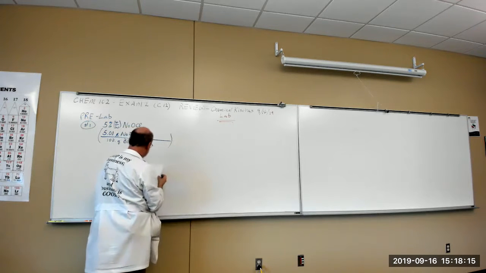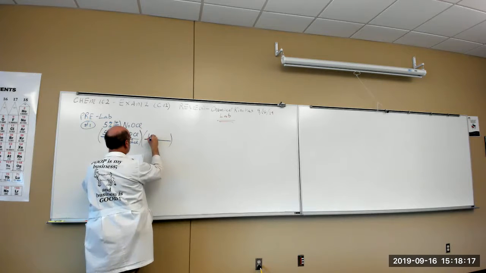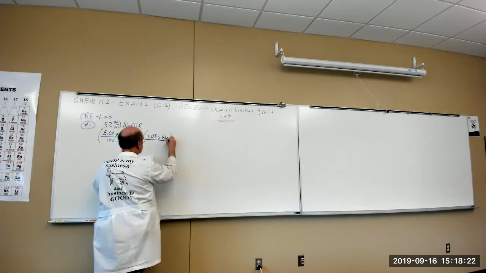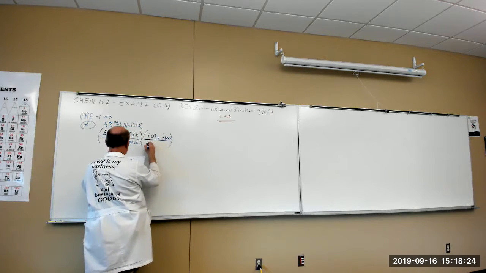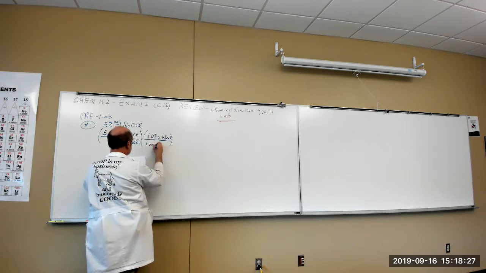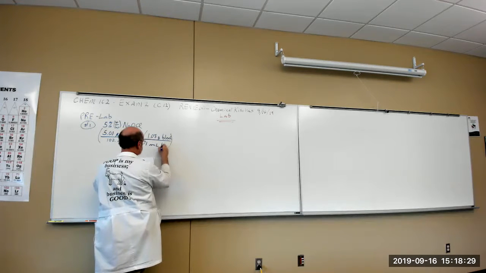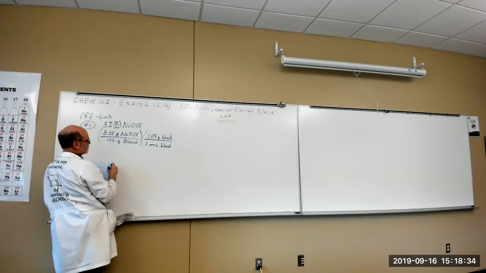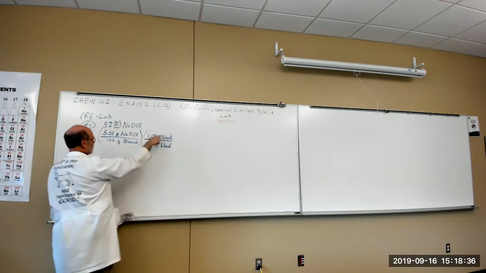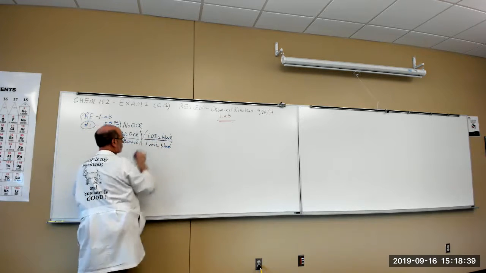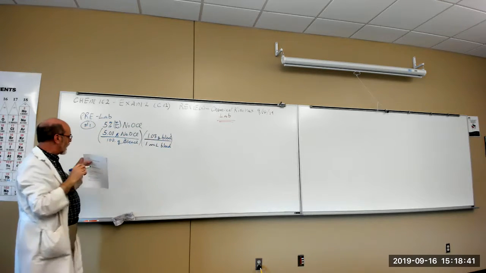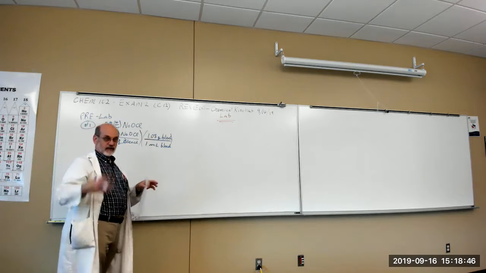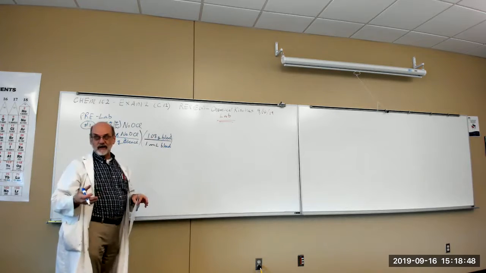To do that, we need grams of bleach per 1 milliliter of bleach. That doesn't help us much, except for grams of bleach, so that cancels, right? But that gives us grams of sodium hypochlorite per milliliter of bleach. We need per liter in order to talk about molarity.